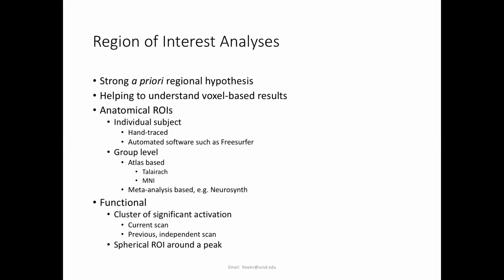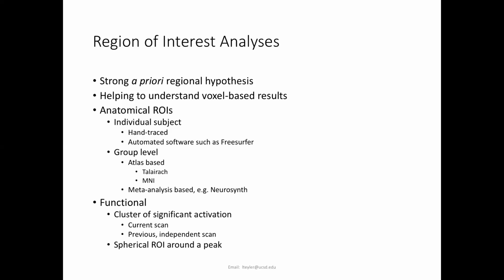Or you might apply a software package such as FreeSurfer, which uses automated methods as well as probabilistic atlases to determine for each subject where their hippocampus is, or where their amygdala is, or where their dorsolateral prefrontal cortex is, although it wouldn't be called that in FreeSurfer, but where their particular regions are in cortical or subcortical areas, and then use that to see how much functional MRI activity is there in that person, and then put that into a group level analysis.